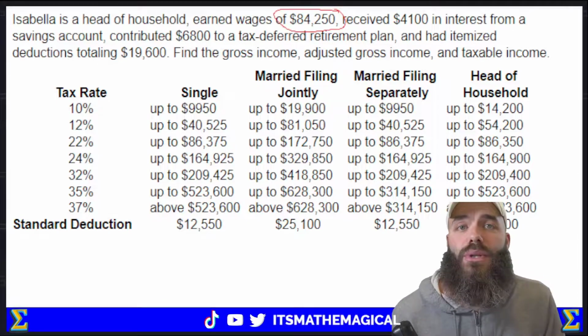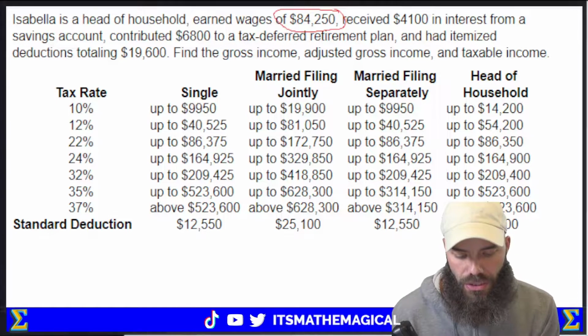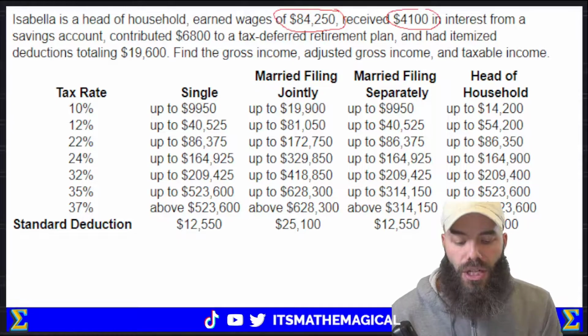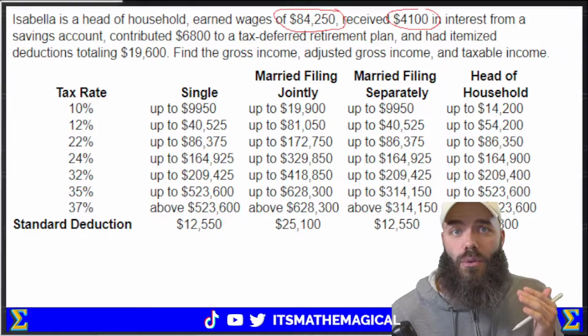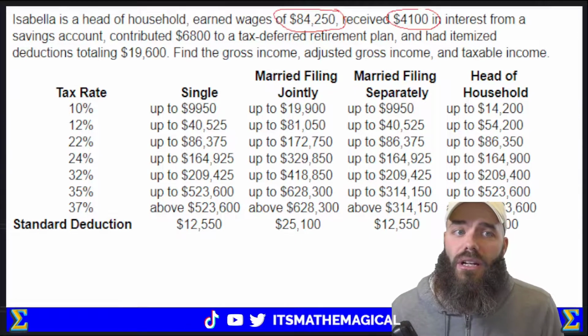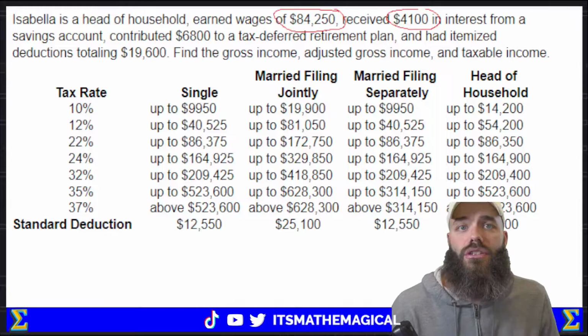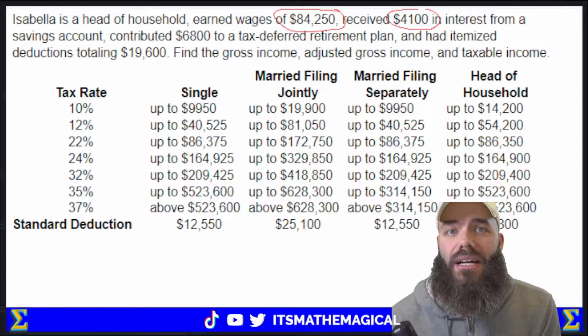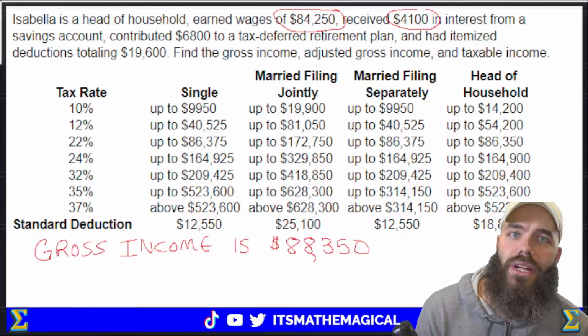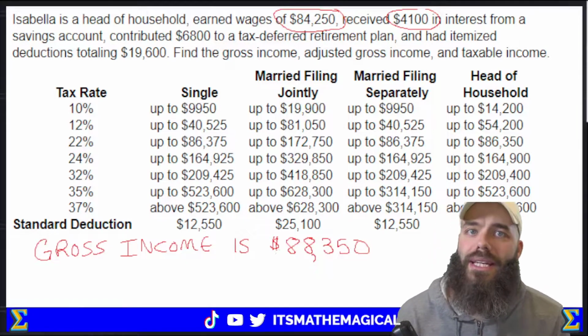So she needs to include that in her gross income. So we're going to take that $4,100 and add that to the $84,250. So when you add $84,250 to $4,100, you will get a gross income of $88,350. So there is Isabella's gross income.